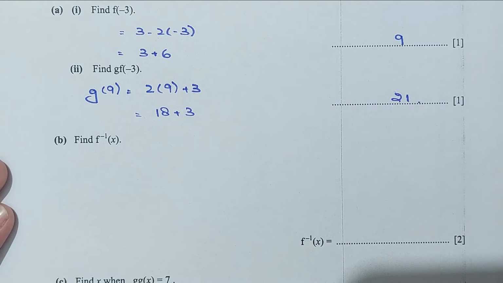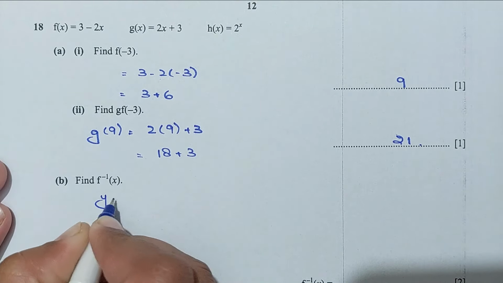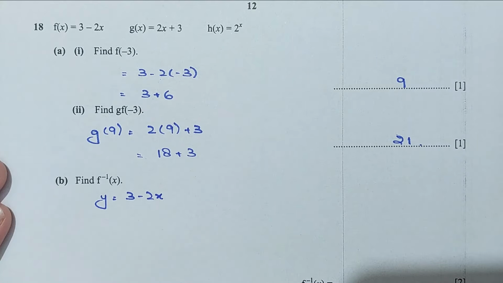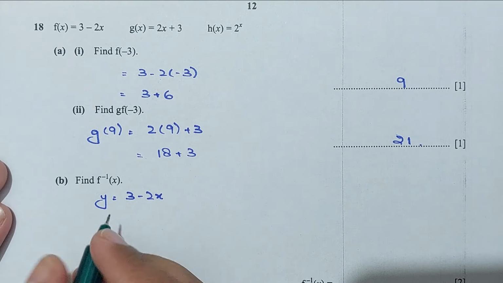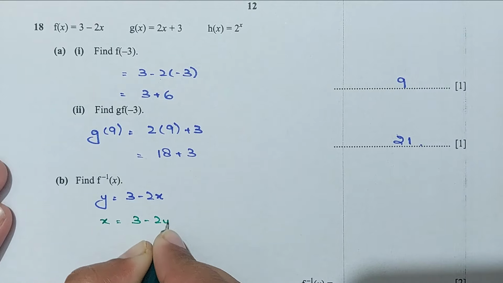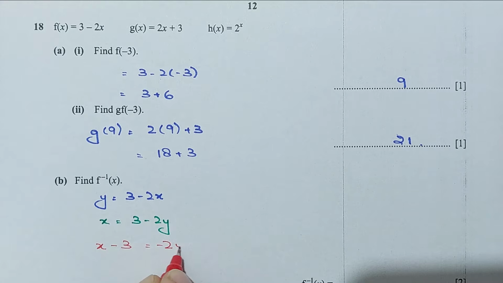Now for part B, find f inverse of x. We have f of x. For f inverse of x, we can say y equals the function f of x, which is 3 minus 2x. And in the next step, we have to switch the variables. So x should be equal to 3 minus 2y. And in the next step, we have to solve for y. So x, subtracting the 3 on the other side, this would be negative 2y.